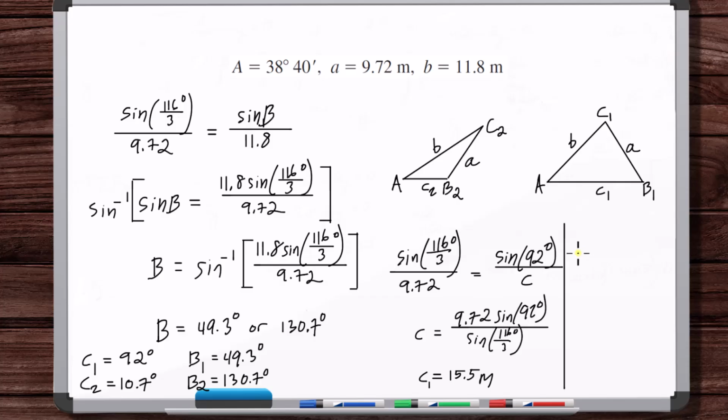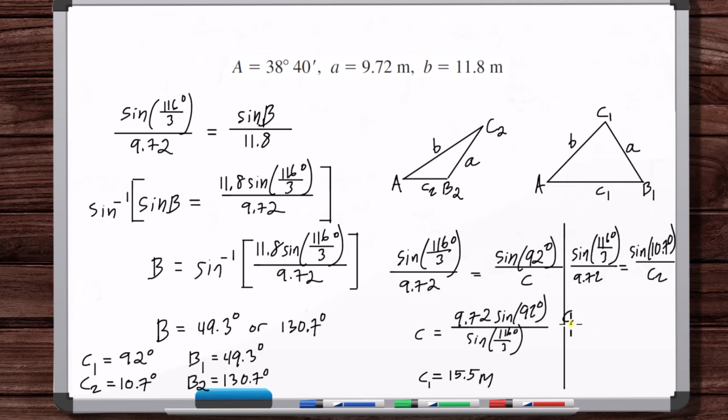So, okay, let's do once again. Sine of C2 here divided by 9.72, and then we're going to have sine of C2, which is 10.7 degrees over C2.